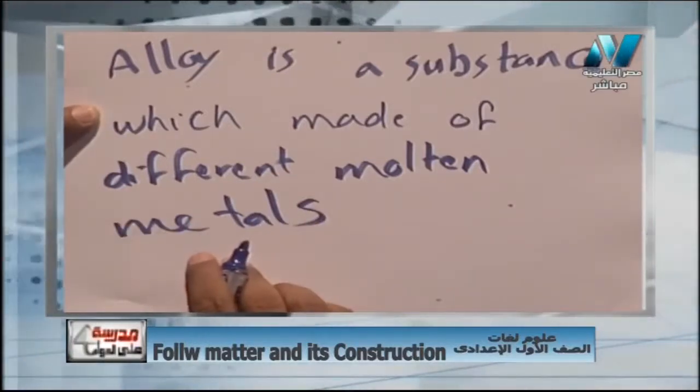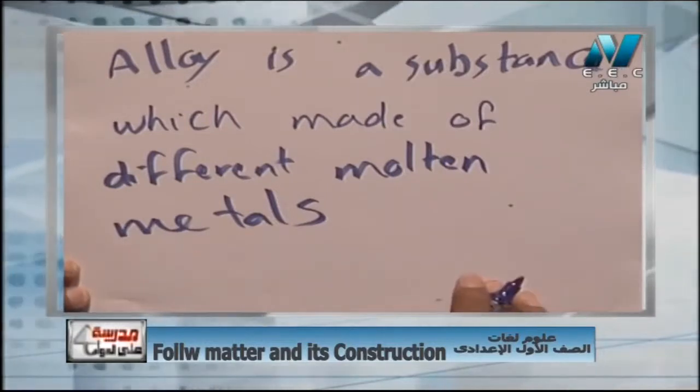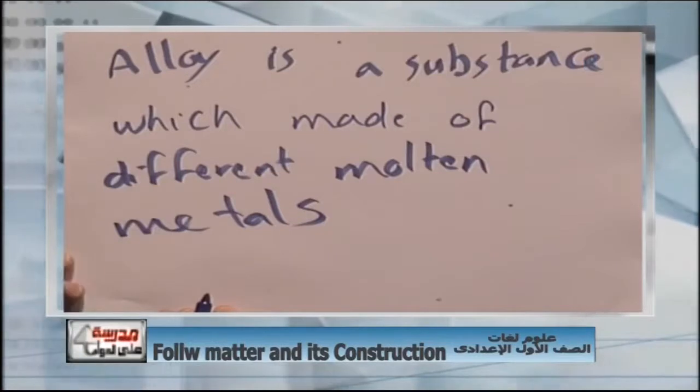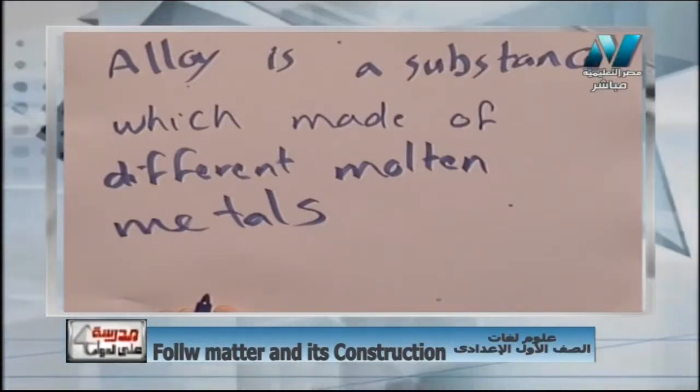That means I have to get the first metal and melt it by high temperature, and the second metal, and melt it by high temperature, and then after changing them into liquids, I mix them together to make one substance. I call this substance alloy. Now the question is, copper gold alloy is used in making what? In making jewels.